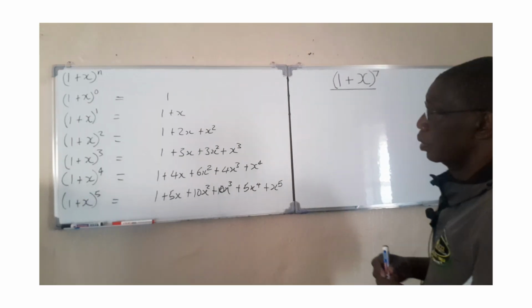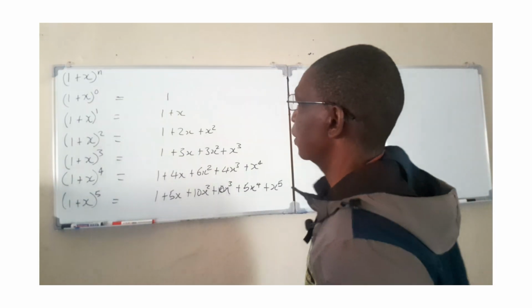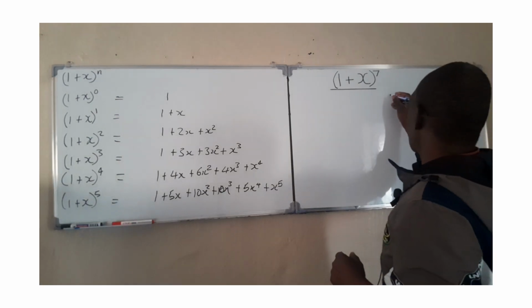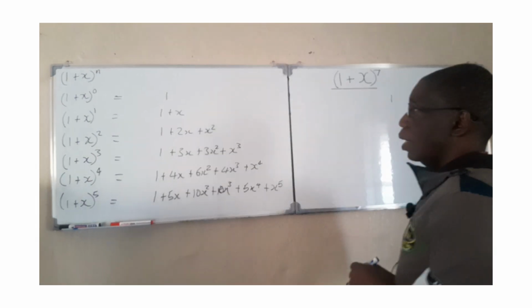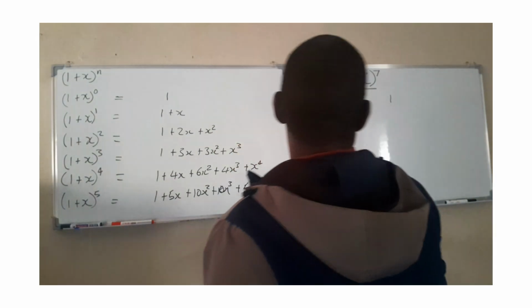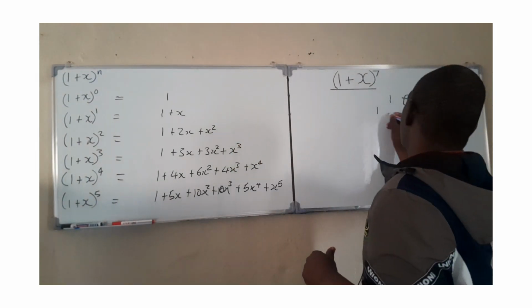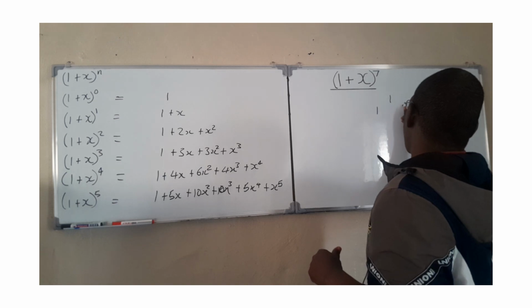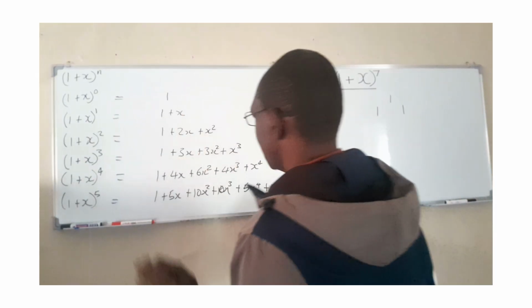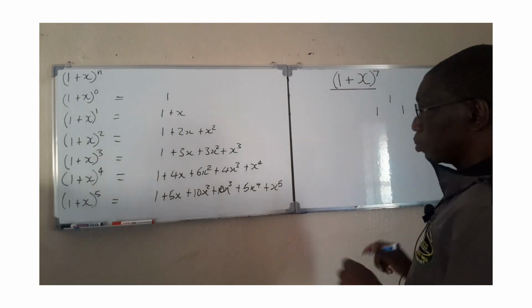So, for the first one there, with n is equal to 0, we just put a 1. The next one, for x, n is equal to 1, it is 1 and a 1. Remember, we are just booking the coefficients. We are not interested in anything else.